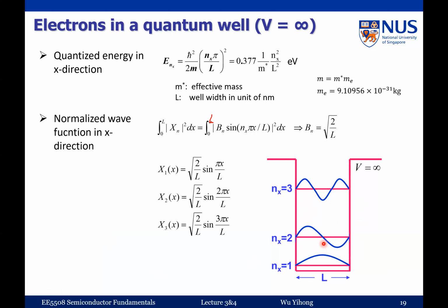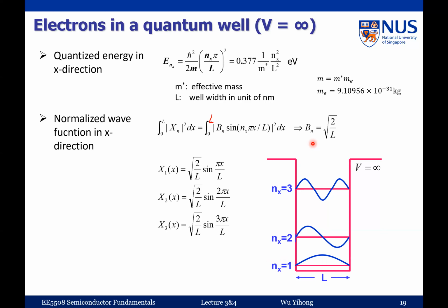So you can see that the energy will increase with the number of zero crossings of the wave function inside this region. In this one there's no zero crossing except for the two boundaries. Then this has 1, and this has 2.